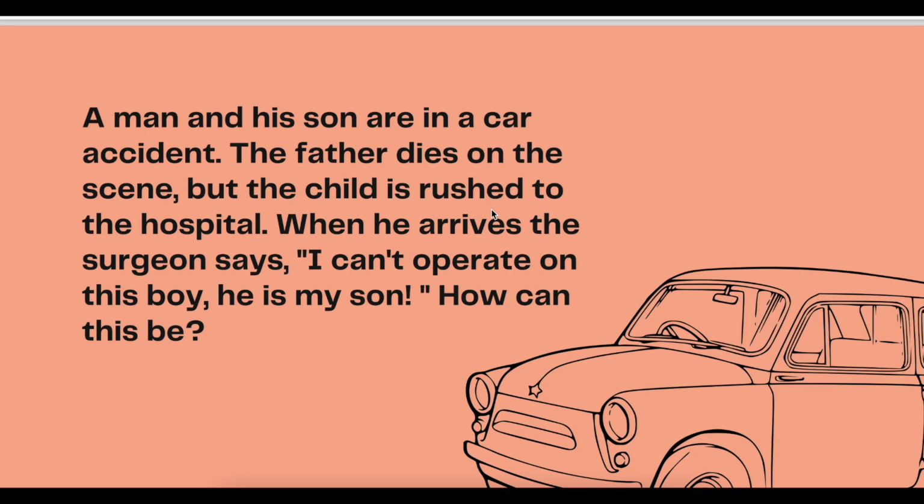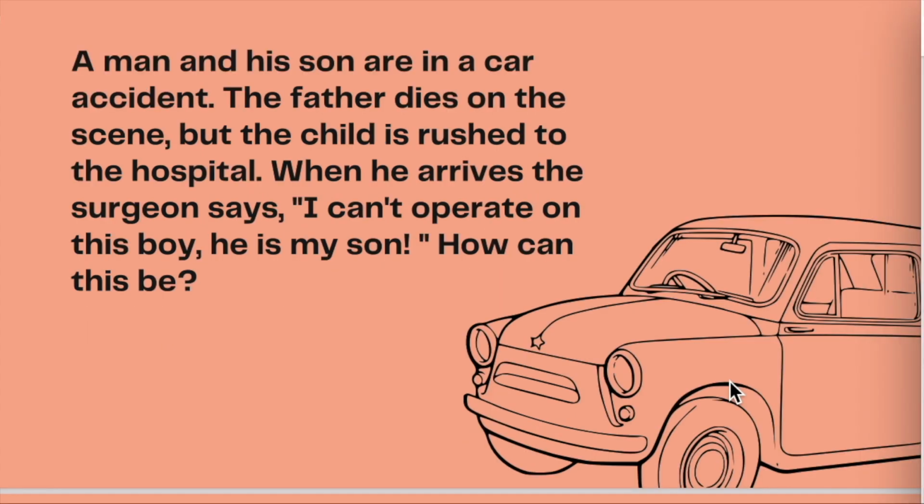The father dies on sight, but the child is rushed to the hospital. When he arrives, the surgeon says, "I can't operate on this boy. He's my son." How can this be? I invite you to turn your mics on, think about it, and use your creativity to answer this question. And if you already know the answer, just give everyone else a little bit of time to think.